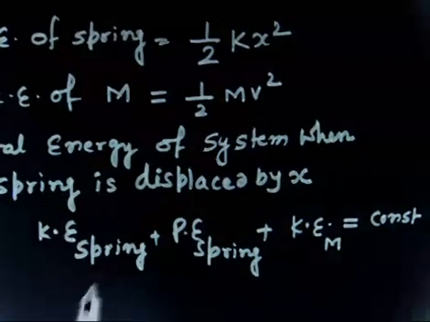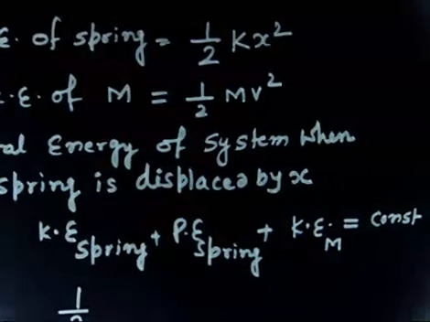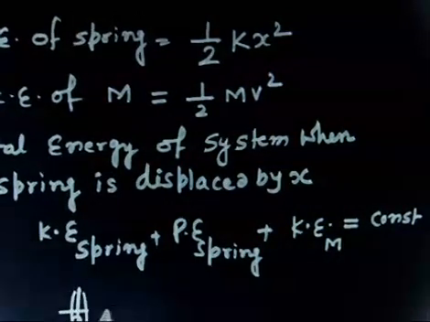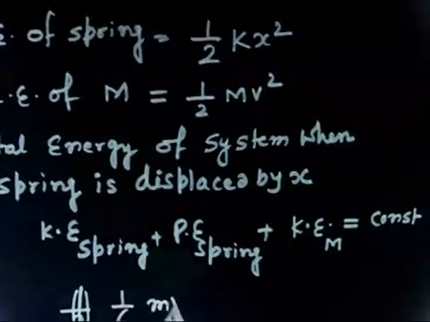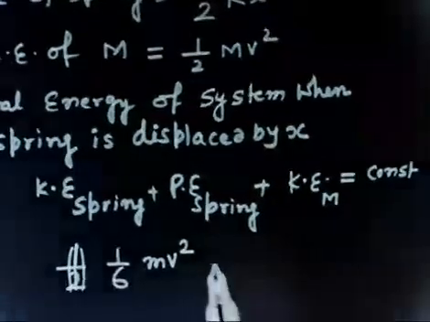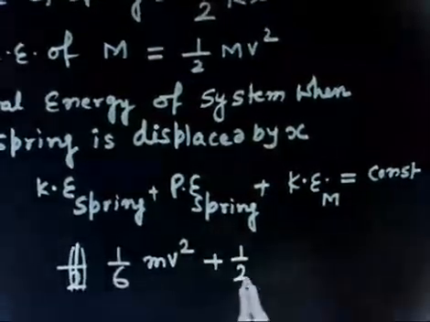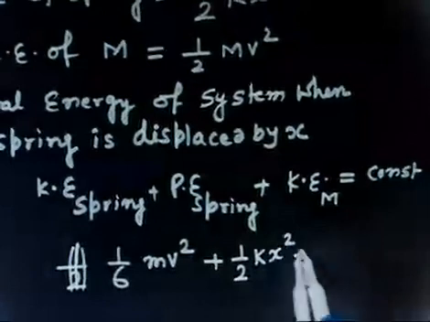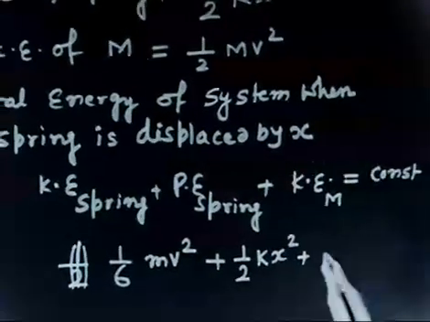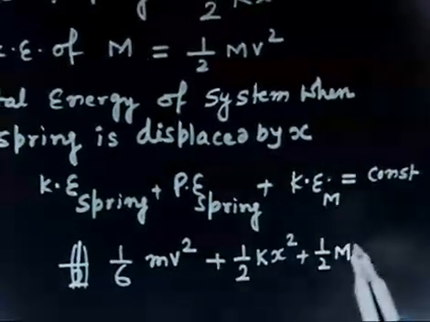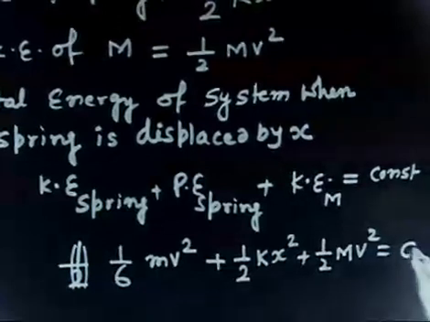So kinetic energy of a spring I have already calculated, so this is 1 by 6. Are you getting? So let us check. 1 by 6 m v square plus potential energy of a spring, that is simply half k x square, plus kinetic energy of mass capital M, simply half M v square, and that is constant.